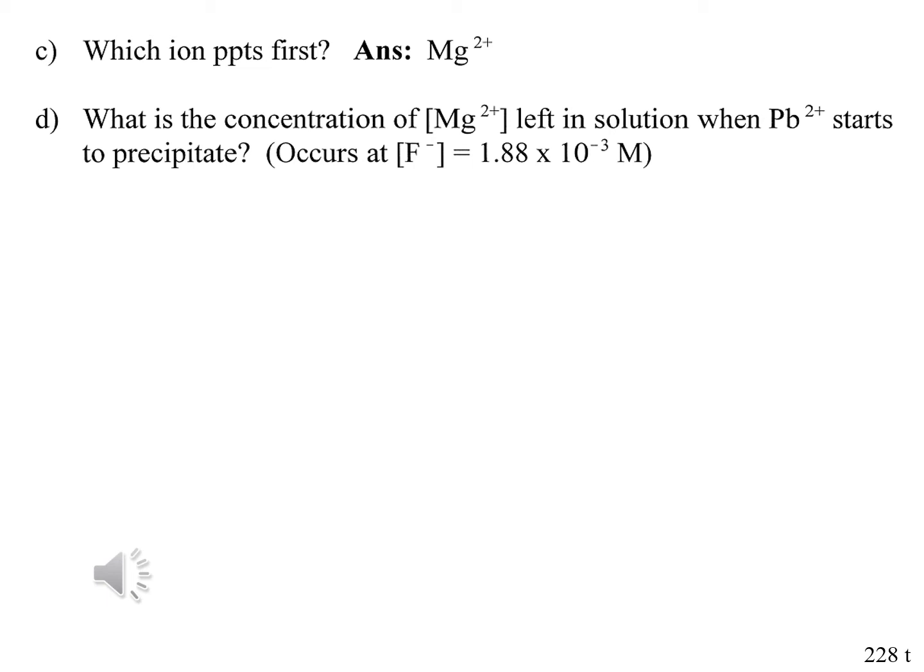The next question then is to calculate the concentration of magnesium left in solution when lead starts to precipitate, and that occurs at the larger amount of F minus. You have to use the Ksp for magnesium fluoride because you're solving for magnesium, but you also have to plug in the F minus concentration that corresponded to lead because that was the one that was the largest.